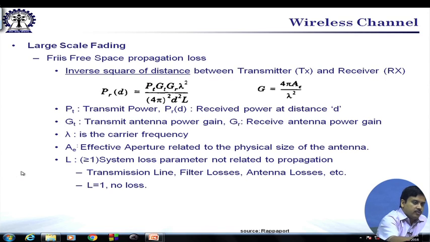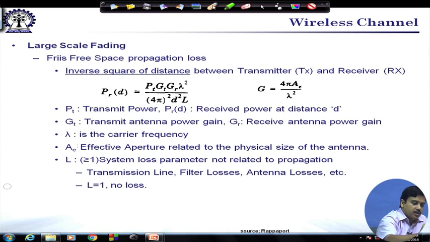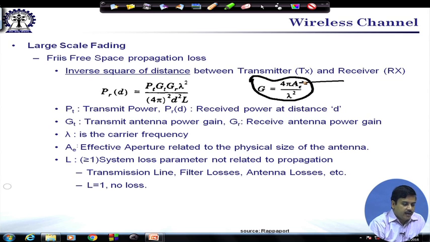If we are to calculate how we are going to get G through this expression, we can find the antenna gain, which is a function of the effective aperture of the antenna and which is related to the physical size of the antenna. As you increase the antenna size, your gain increases, but there are of course many details to antenna design. L indicates system losses. Losses would be coupling losses, cables, and many other aspects. Typically L is there, and a value of L equal to 1 would indicate an ideal system where there is no loss.